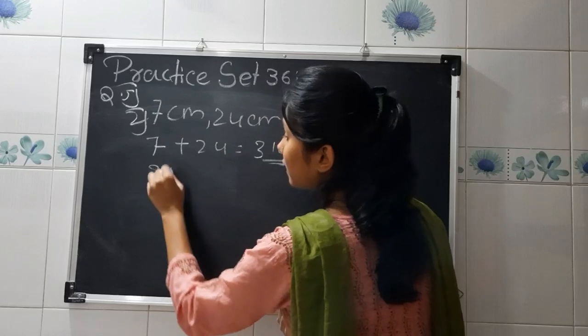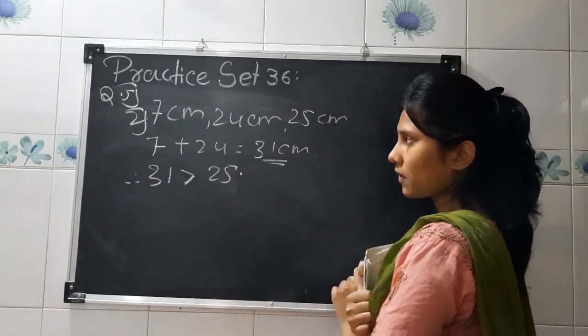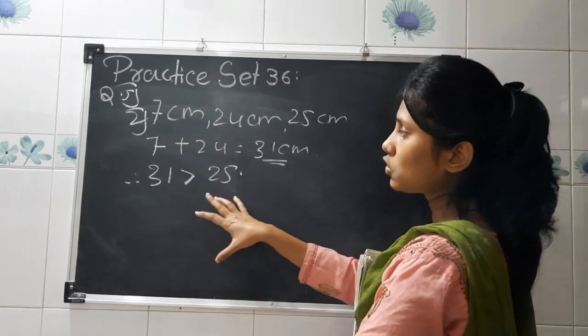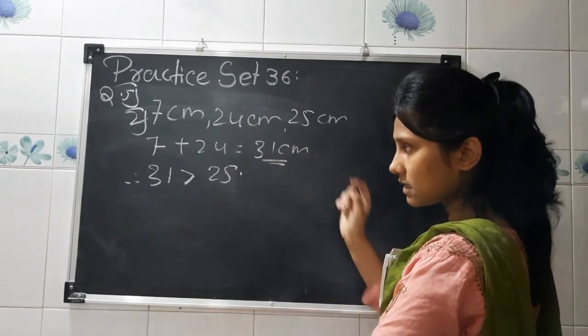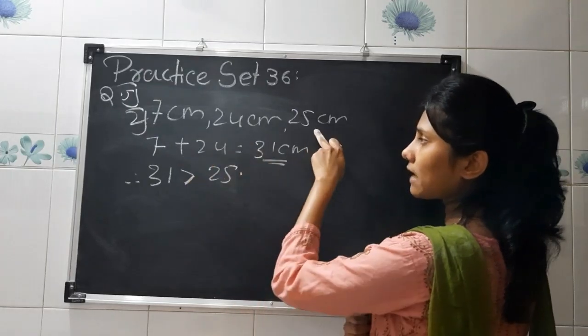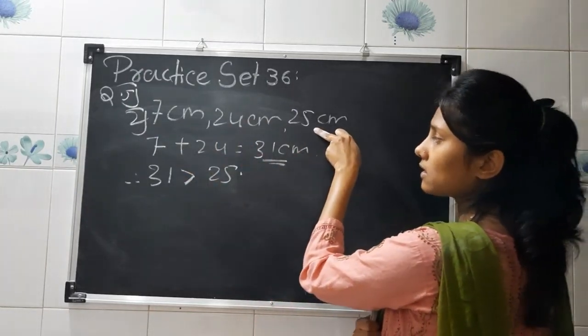So here 31 is greater than 25. As per the property of a triangle, the sum of any two sides of a triangle should be greater than the third side. So here 31 is greater than 25. The sum of two sides is greater than the third side.